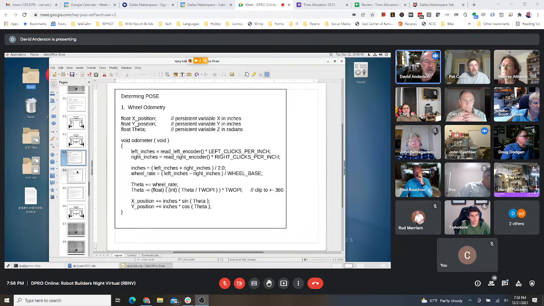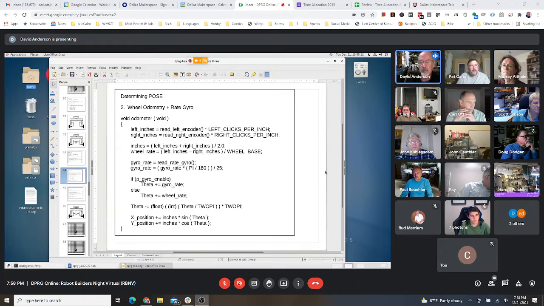If you look at that same thing, but we're going to stick in a rate gyro. The first few lines are all the same, and we're actually calculating the wheel rate because I use those for other things. Then I have a gyro rate, which is to read the rate gyro. My rate gyro, I don't say it anywhere here, but this is a Z-axis rate gyro, that should be in there, returns degrees per second.